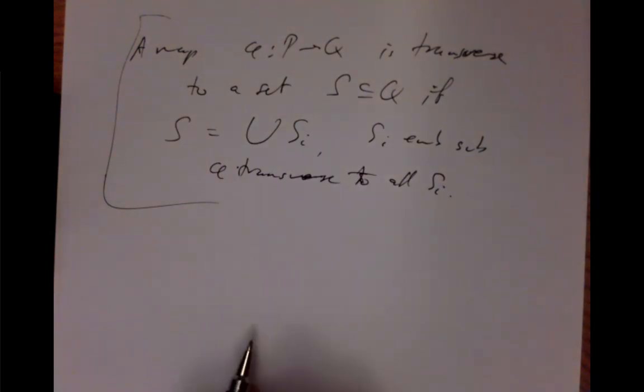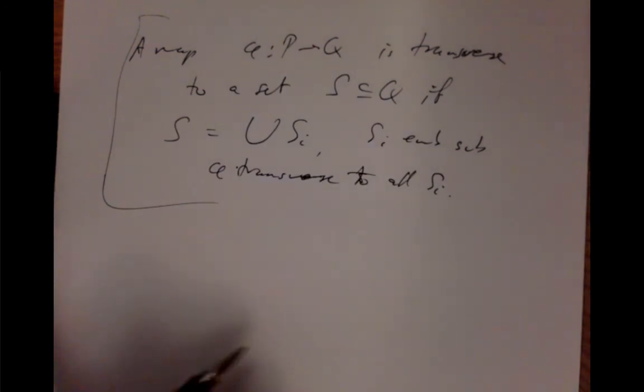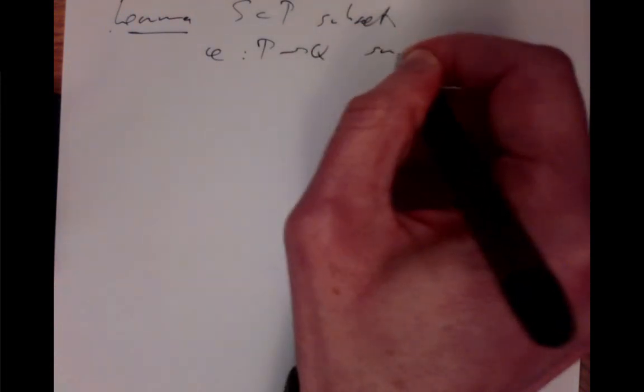Now here's an easy result using this notion of transversality. It's a simple lemma. Let S contained in P be any subset, and phi taking P to Q a smooth map.